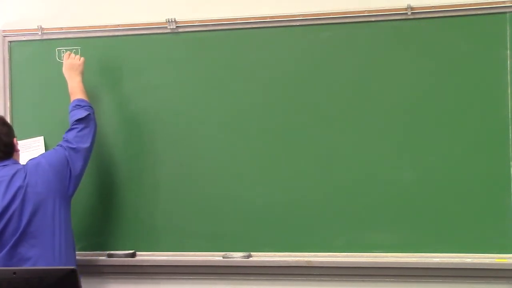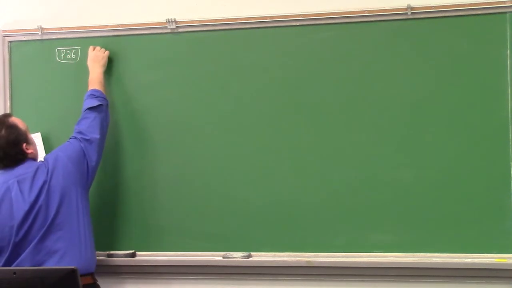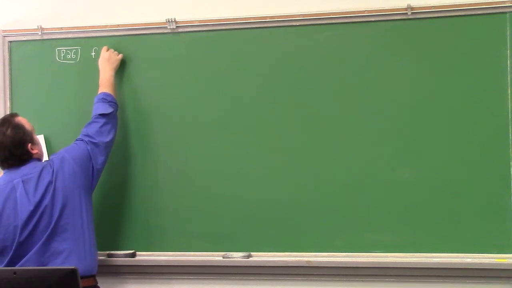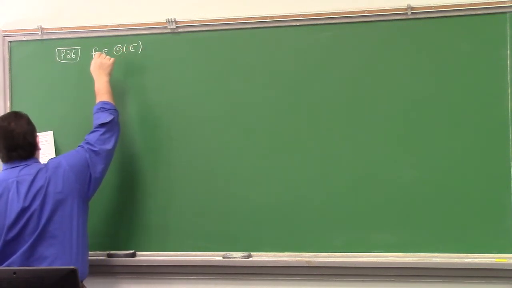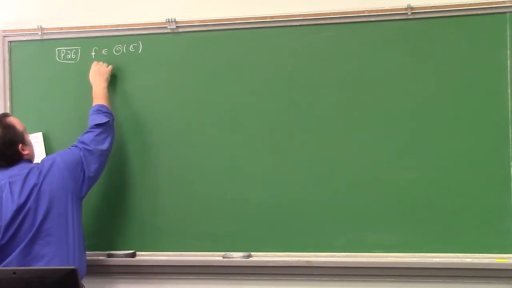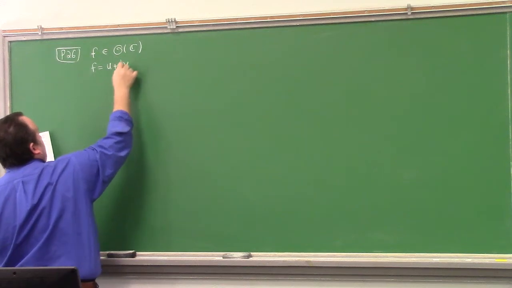So with problem 26, let's see here, you've got f is holomorphic on C, right? Yeah. And what else are we given? f is equal to u plus iv. And what else are we given?